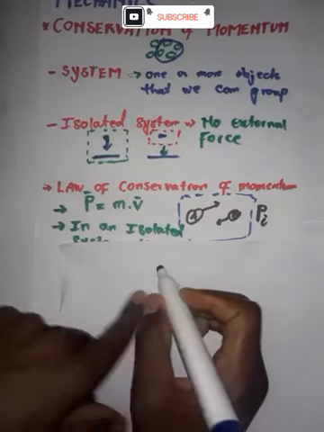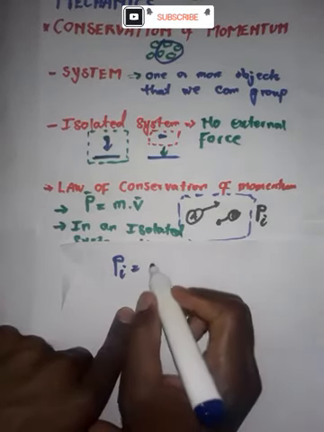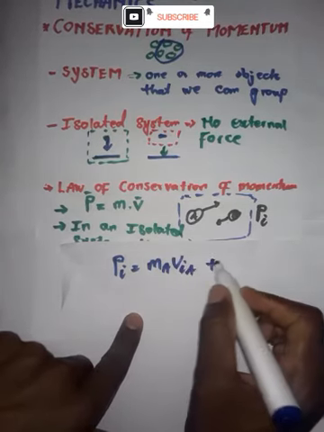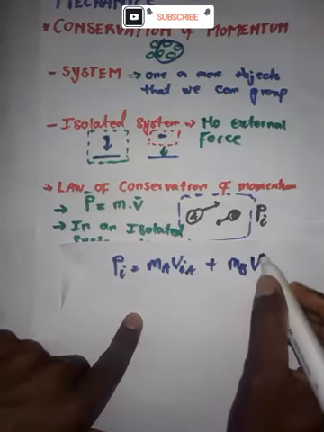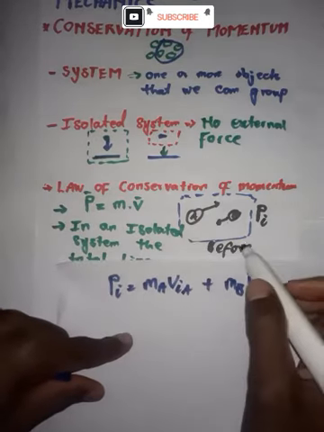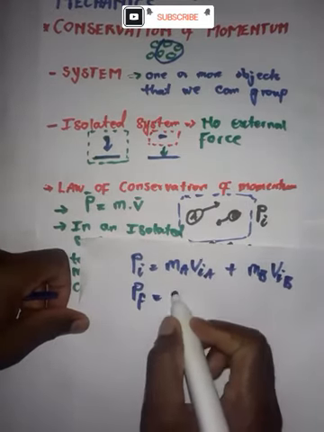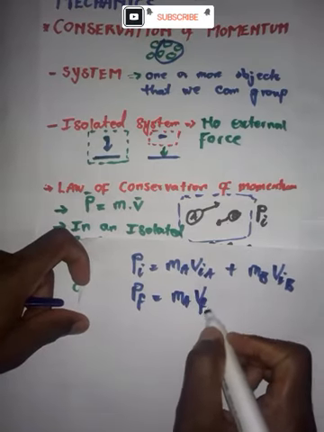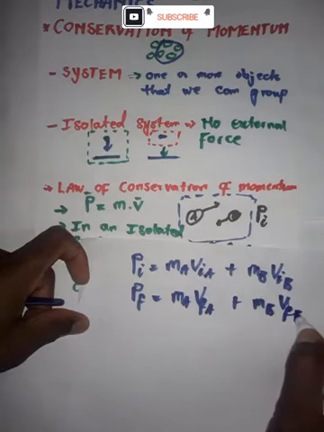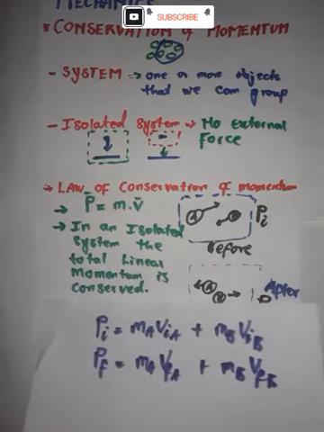The momentum before the collision, p initial, remember we have an object A, so it's the mass of A multiplied by the initial velocity of A, plus the mass of B multiplied by the initial velocity of B. The momentum after is going to be the mass of A multiplied by the final velocity of A, plus the mass of B multiplied by the final velocity of B.